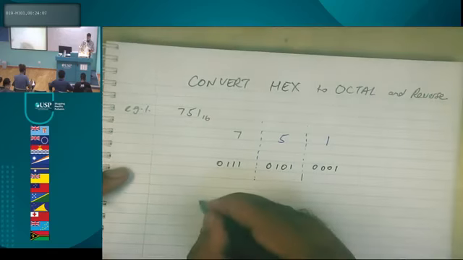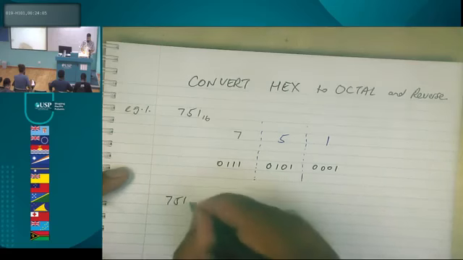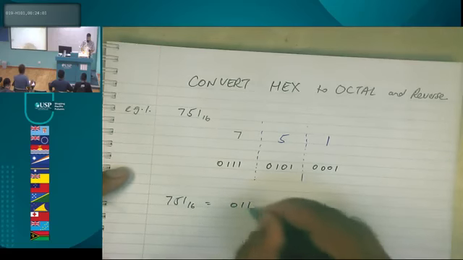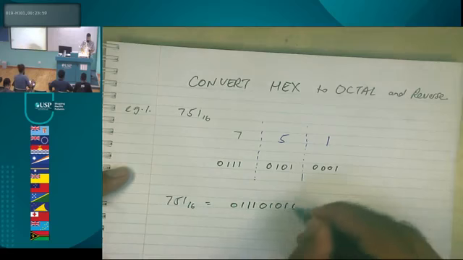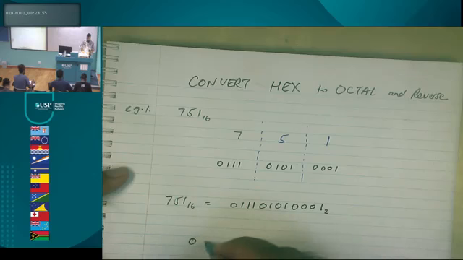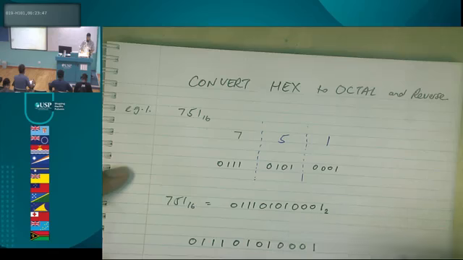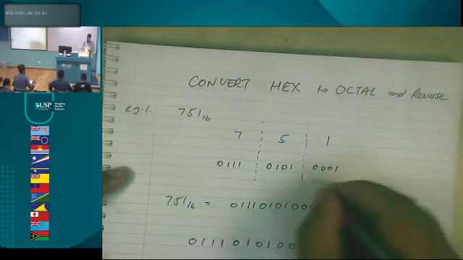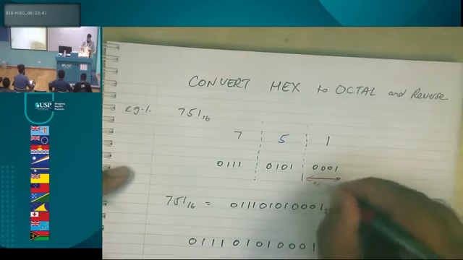So we find that 751 base 16 is equal to 0111 0101 0001 base 2. So we now rewrite this. 0111 0101 0001, right? Over here, the catch was that we were doing 4 bits.